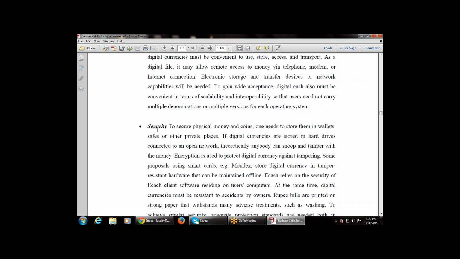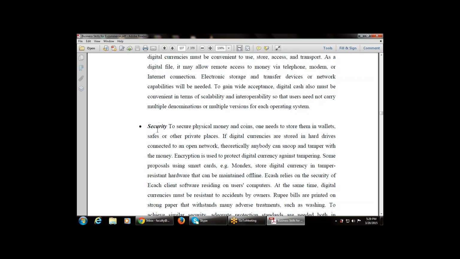If I want to store digital money, that is e-payment, on a hard disk that is connected to an open network, a network that can be used by any person, then anyone using the network can snoop or hack the system and the money, so that it can be used in an unauthorized way.